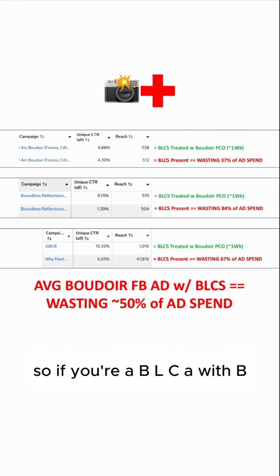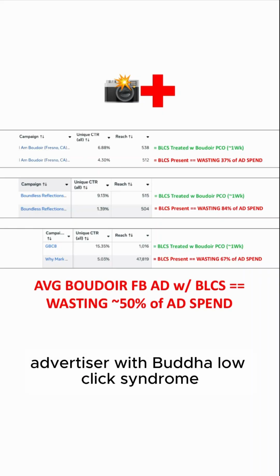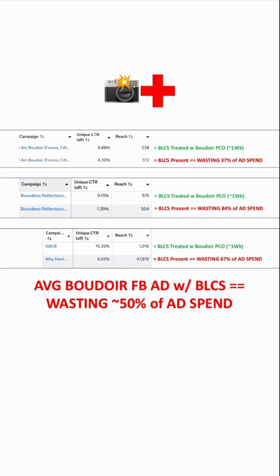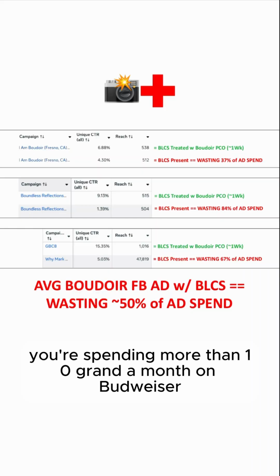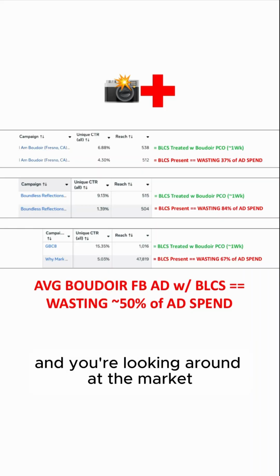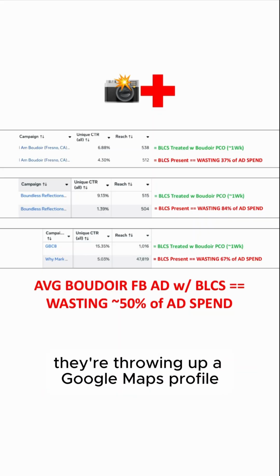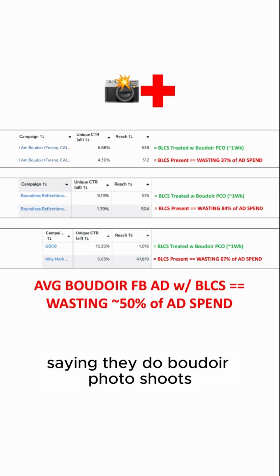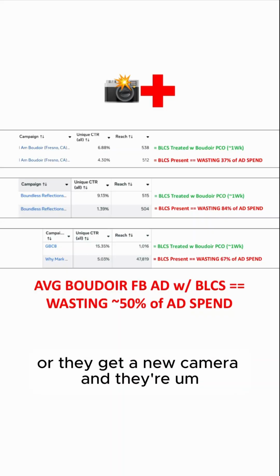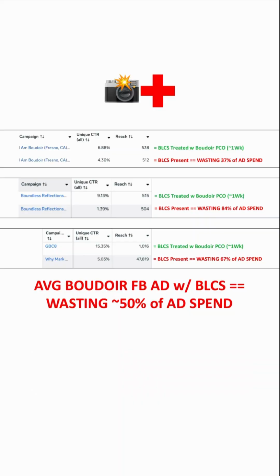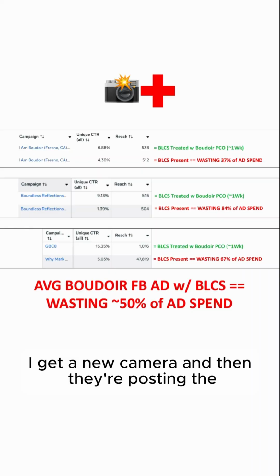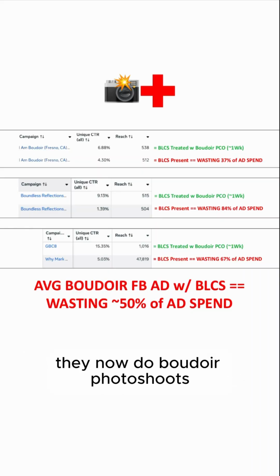So if you're a BLCA with BLCS, a Boudoir low click advertiser with Boudoir low click syndrome, and you're spending more than 10 grand a month on Boudoir Facebook ads, and you're looking around at the market, you're seeing more Boudoir photographers enter the market every single day. You know, someone gets a new iPhone, all of a sudden they're throwing up a Google Maps profile saying they do boudoir photo shoots, or they get a new camera and then they're posting in the mom groups that they now do boudoir photo shoots.